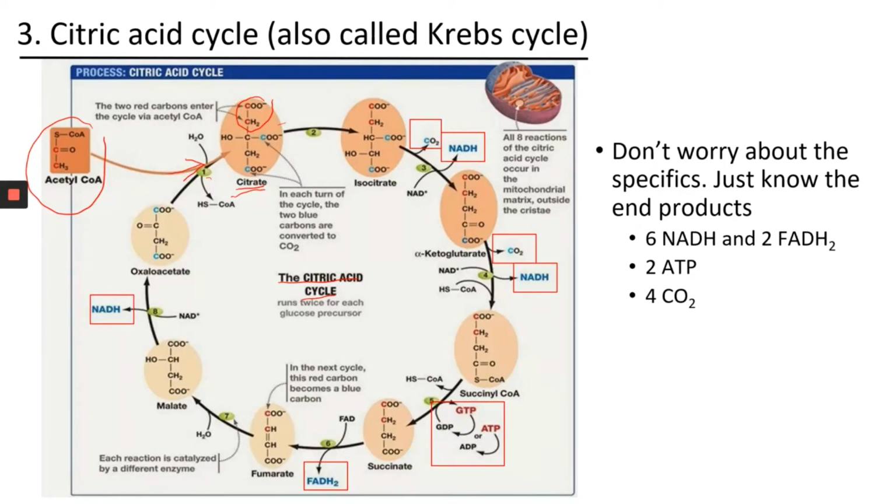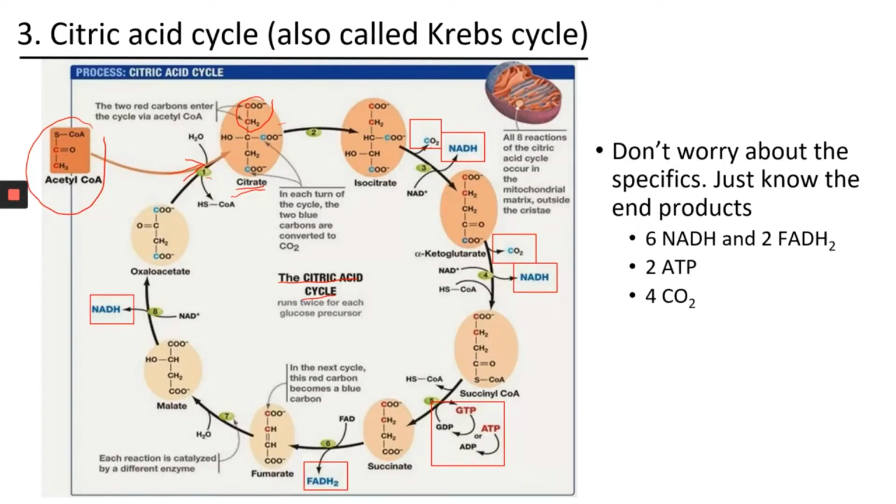Again, you don't have to memorize this. I'm going to give you a picture like this. You just need to figure out how to read the figure and identify what products are made during this citric acid cycle. I highlighted the things, so you can see the arrows pointing to carbon dioxide and the NADH. So this citric acid cycle is going to produce those molecules.